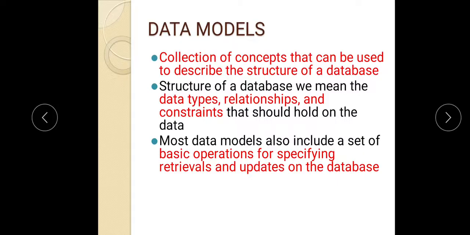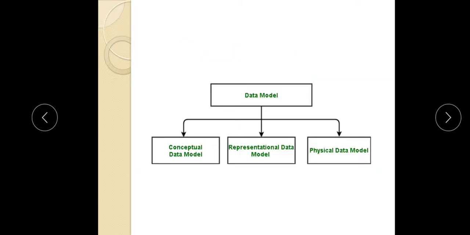So when data models are asked, or if they ask you to explain the different categories of the data models, you have to first give the definition of the data model, and then you have to give the classification. So what are the different classifications of data model? Data model is classified into three: conceptual model, representational model, and physical model.